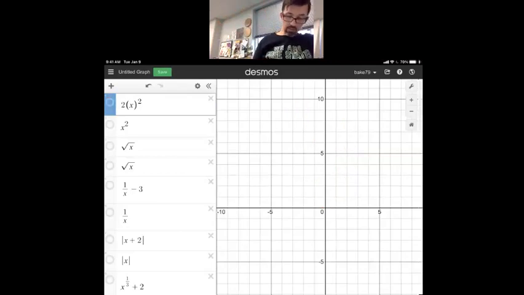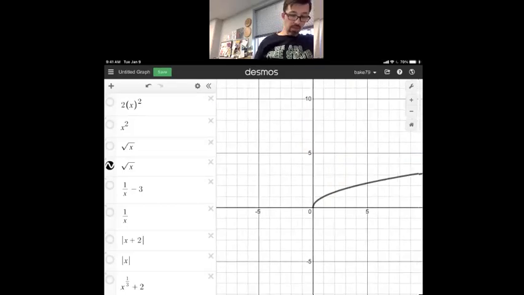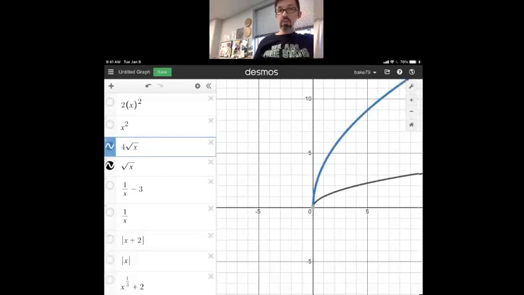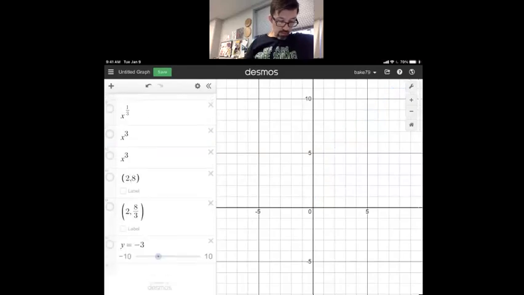Right? Look at square root. So there's our parent function. Now I want to do 4 times the square root of x. Right? So what's that look like? There we see quite a bit of a bigger curve here. And then the last one was the cube. So x cubed.